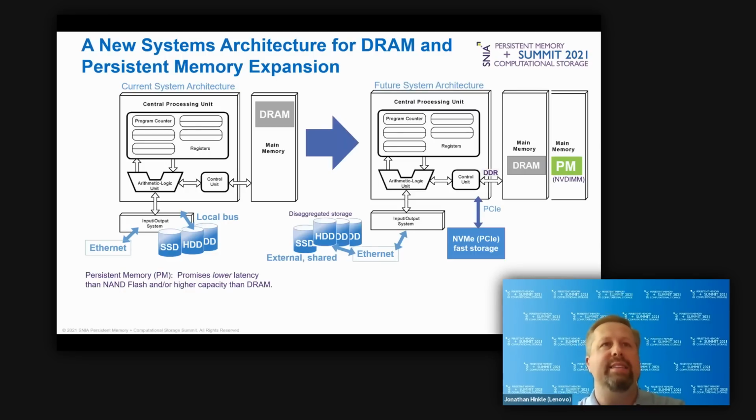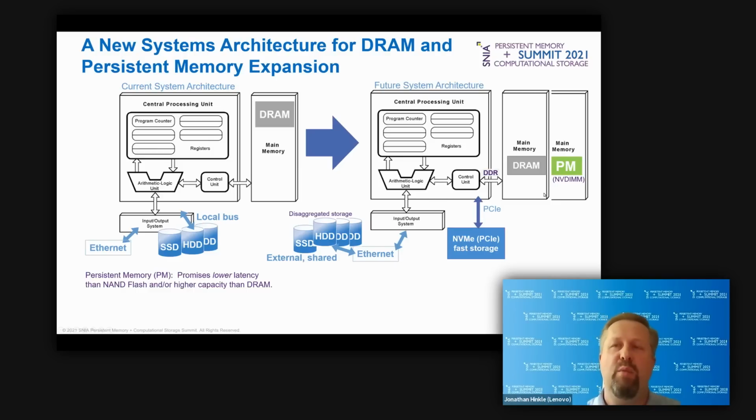Where we've had this existing system architecture with processor, memory attached, and a bus with storage on it, a local bus I/O with storage and Ethernet, now we can go to a future systems architecture where, again, you saw NVDIMMs attached through DDR or NVDIMM-P protocol. Also, you can see the slower storage. We can disaggregate that. So we can put it over Ethernet and have it as an external shared resource, which helps with cost and so on.